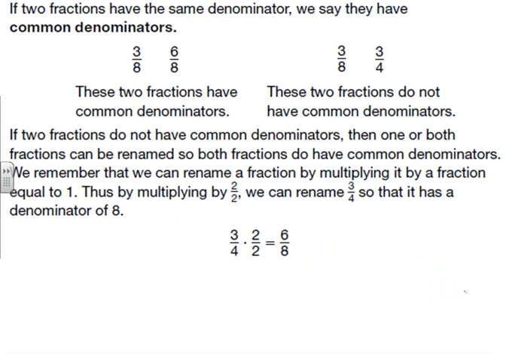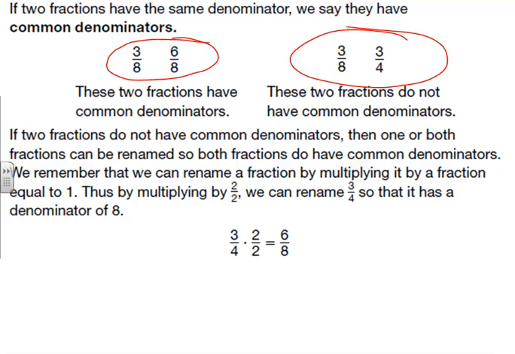All right, so if two fractions have the same denominator, we say that they have common denominators. These two fractions have common denominators. These two fractions do not have common denominators. If two fractions don't have common denominators, then one or both fractions can be renamed so that both fractions then have common denominators. We remember that we can rename a fraction by multiplying it by a fraction that's equal to 1.